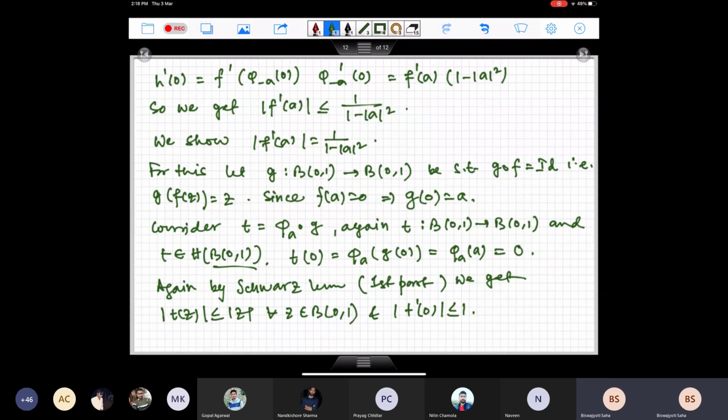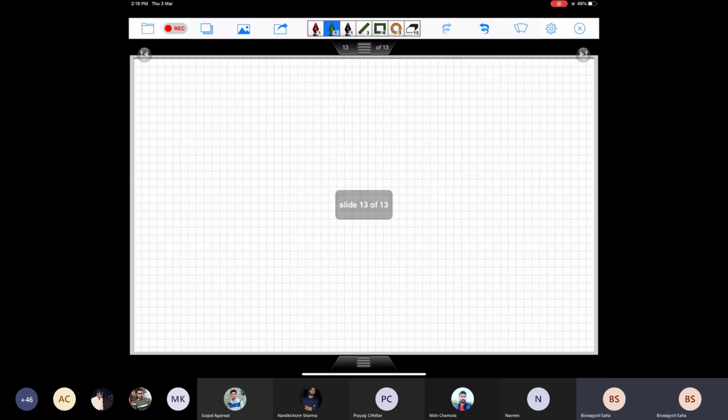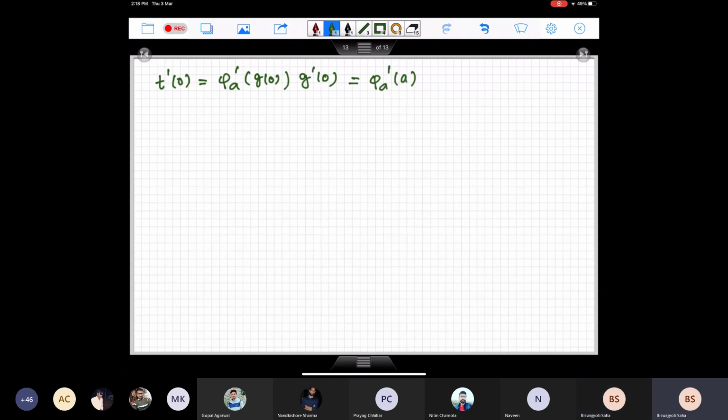T prime of 0 in absolute value is less than or equal to 1. Now what is T prime of 0? Again by chain rule, T prime of 0 is phi A prime of G of 0 into G prime of 0. Okay, so this implies, G of 0 is A, and I have G prime of 0.